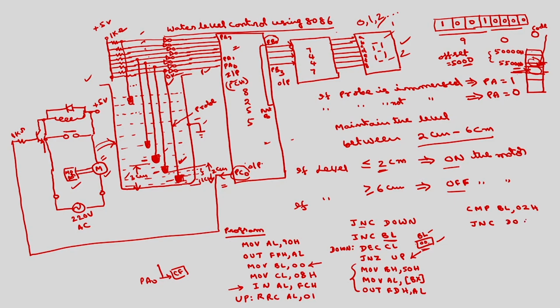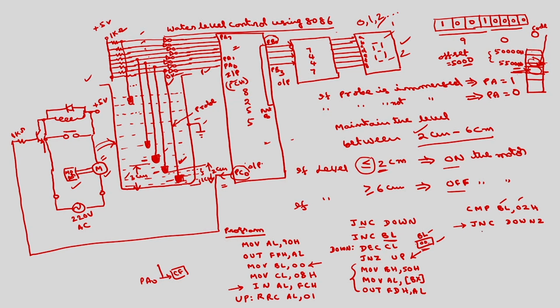Down, already one down I have written, write down 2. If this is false, it will go here, means it will check for the upper limit. Now the lower limit has been checked. If this is false, what does it mean? BL contents are less than 2, that means the level is less than 2 centimeters.